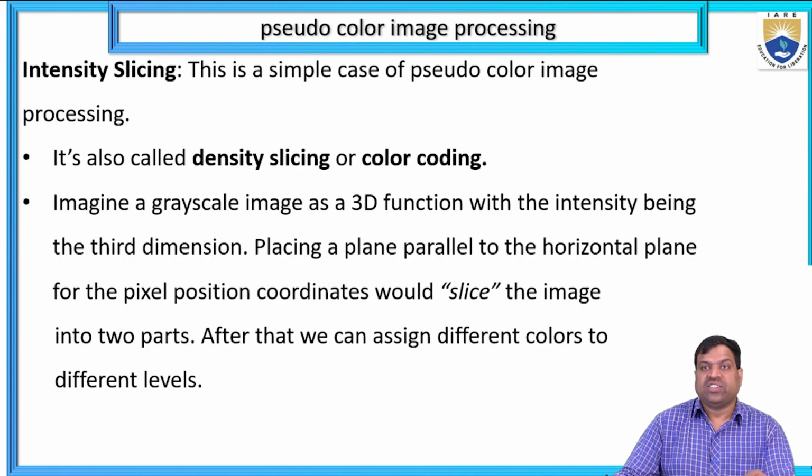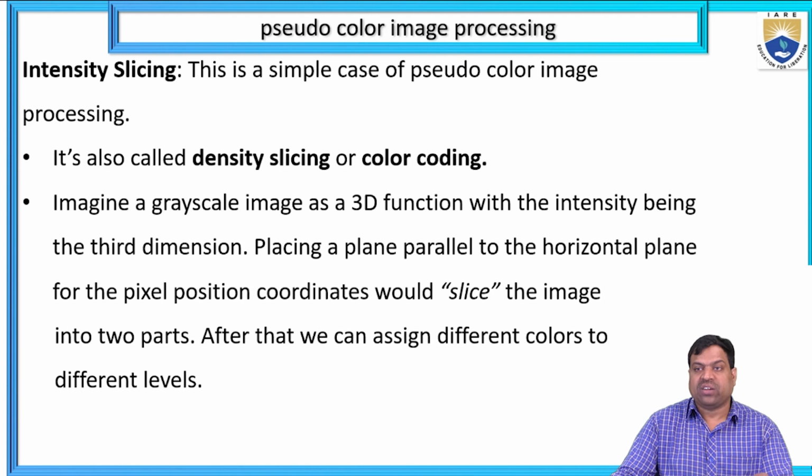And intensity slicing. This is a simple case of pseudo color image processing. It is also called density slicing or color coding. Consider a grayscale image as a 3D function with intensity being the third dimension.